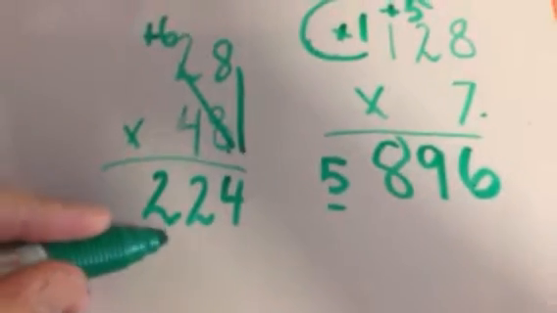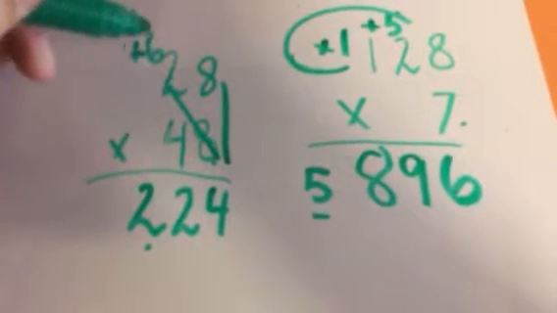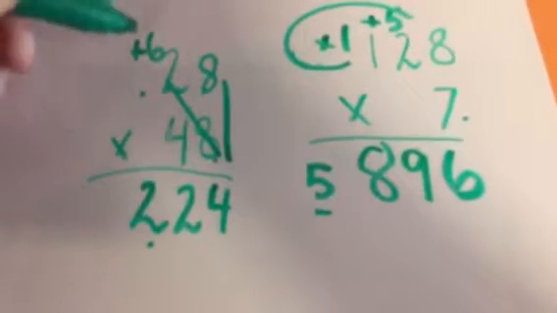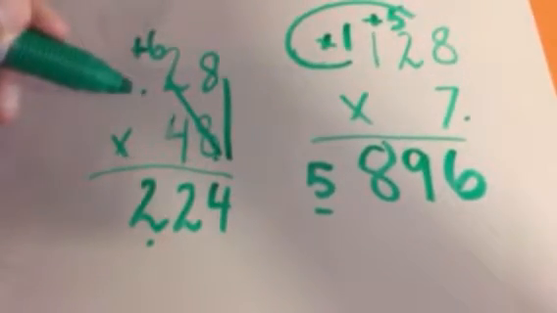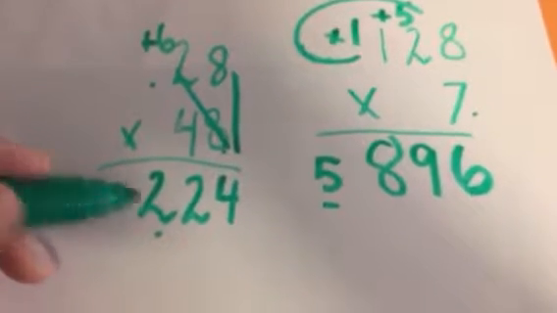You'll notice that there's nowhere to carry this 2. If we were multiplying this by a 3rd digit, I could carry the 2 to the 3rd digit, but because there's nowhere for it to be carried to, we need to write it down here.